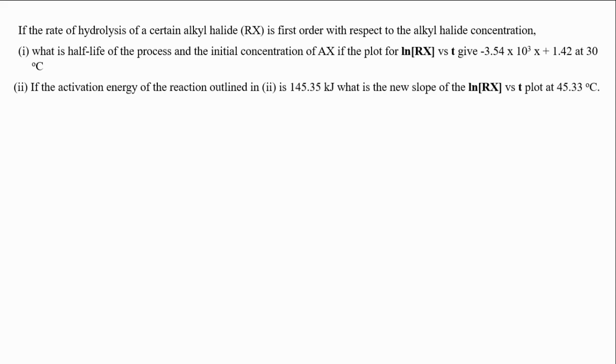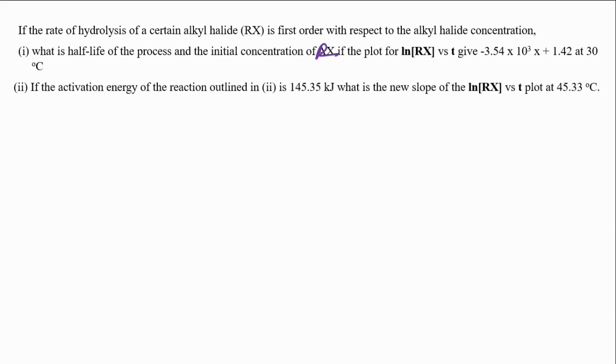The first question is that the rate of hydrolysis of a certain alkyl halide is first order with respect to the alkyl halide concentration. Now we're asked what is the half-life of the process and the initial concentration of the alkyl halide. This should actually be RX, not AX.